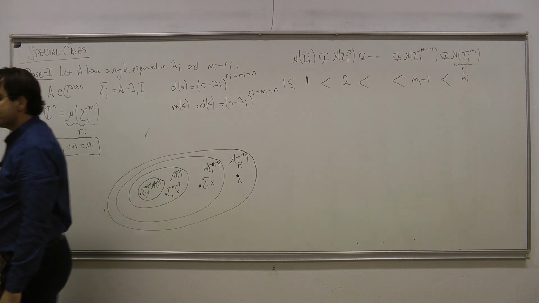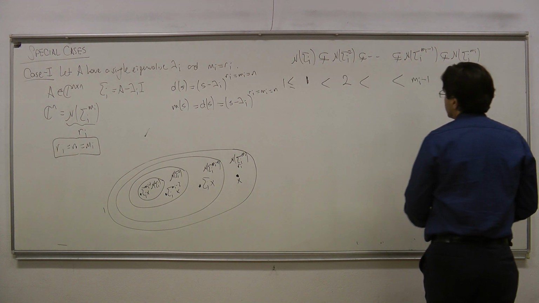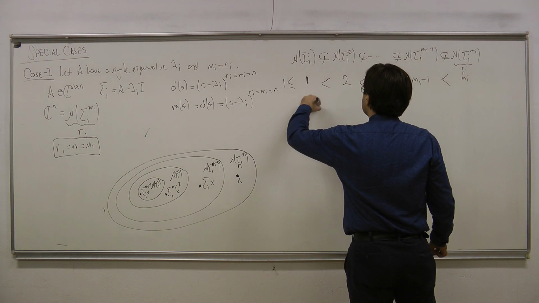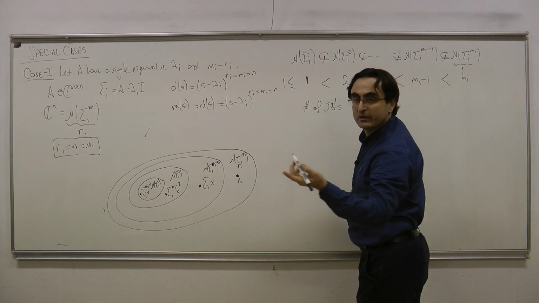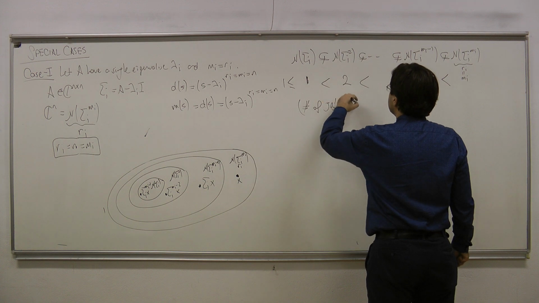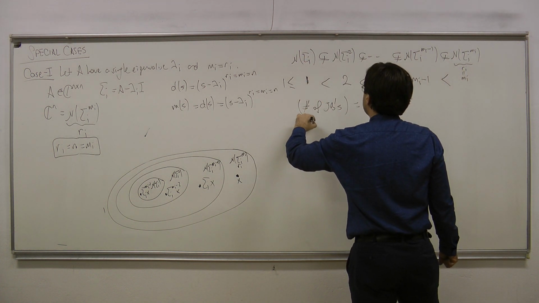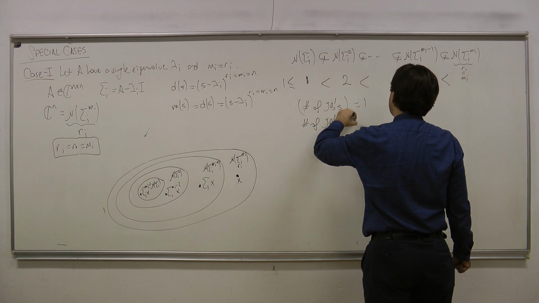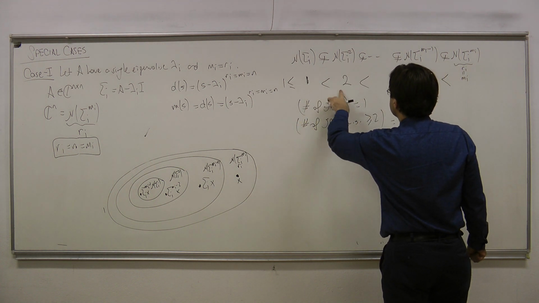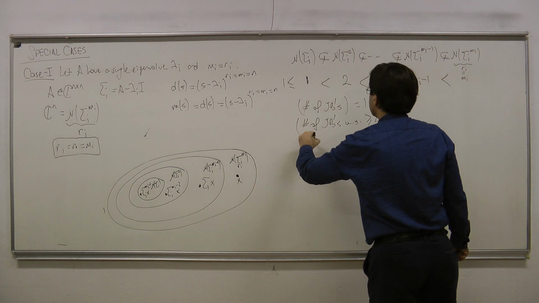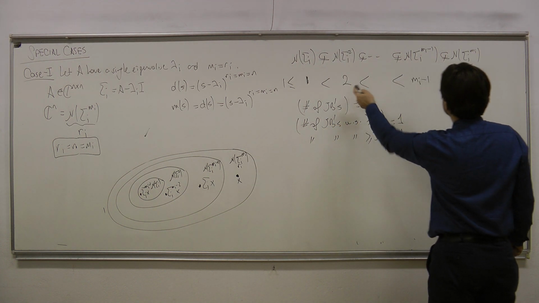All right? So now I can look at the Jordan canonical form for such a matrix. The number of Jordan blocks for the first eigenvalue, and there is only a single eigenvalue in this case, is going to be 1, this dimension. The number of Jordan blocks with size larger than or equal to 2 is going to be this difference, which is 1. Larger than or equal to 3 is 1, the other difference.